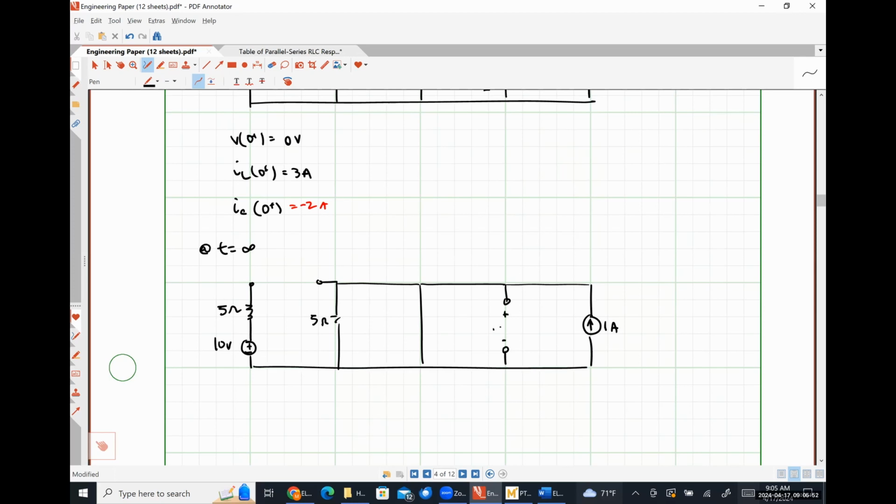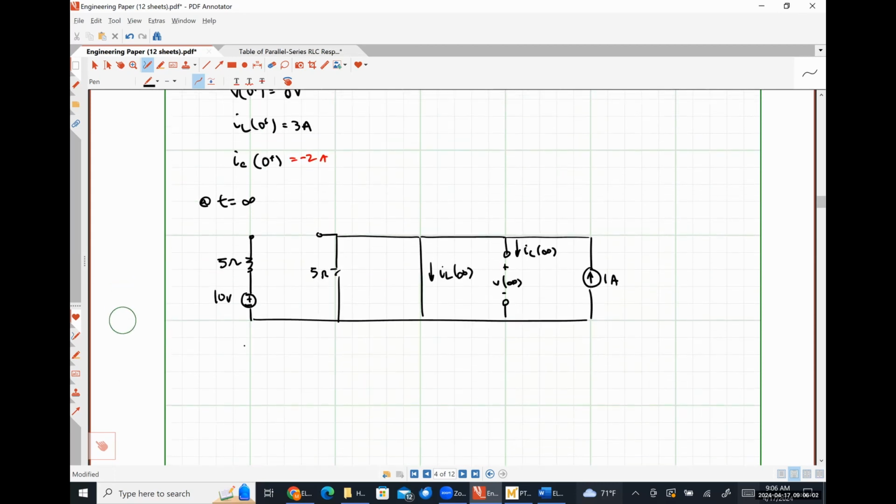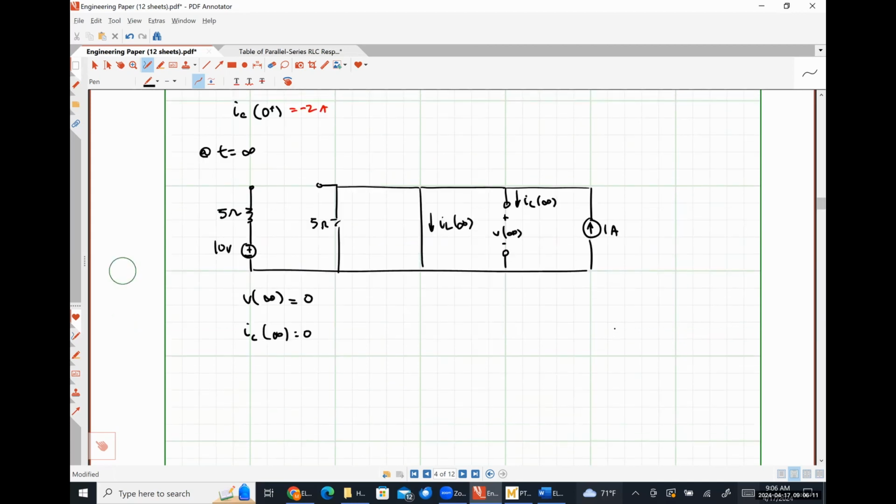So here's V at infinity, IC at infinity, IL at infinity. By inspection, V at infinity is 0. IC at infinity is 0. IL at infinity is 1 amp.